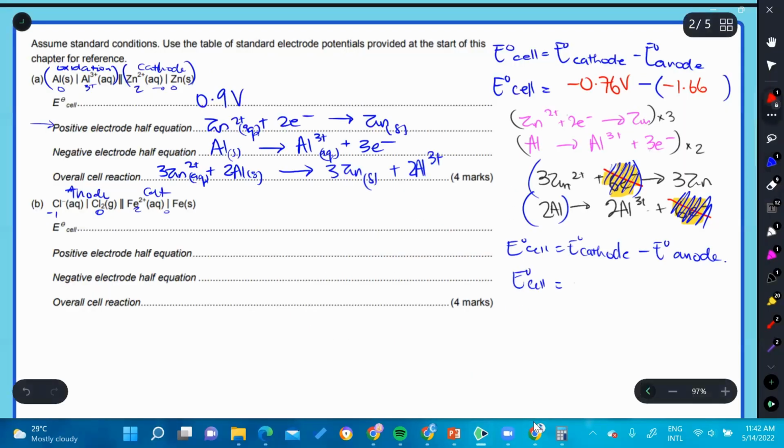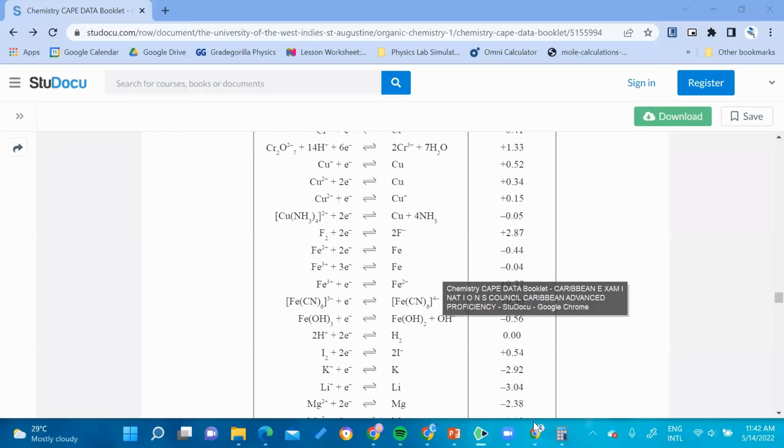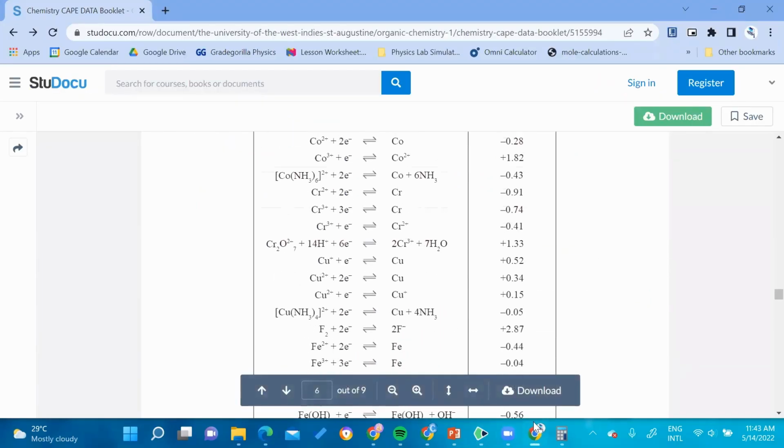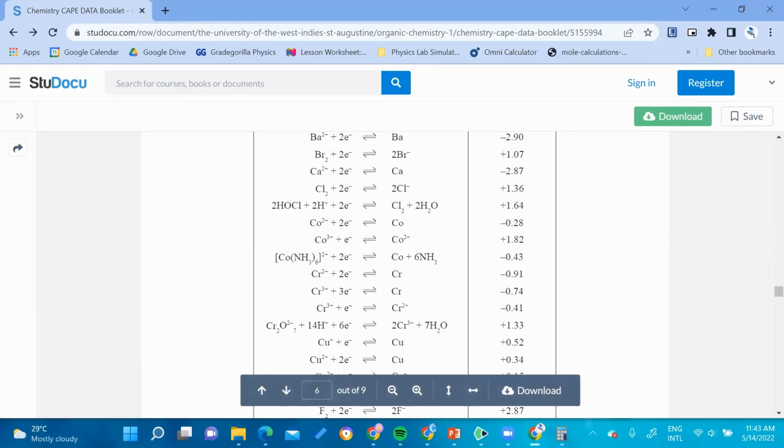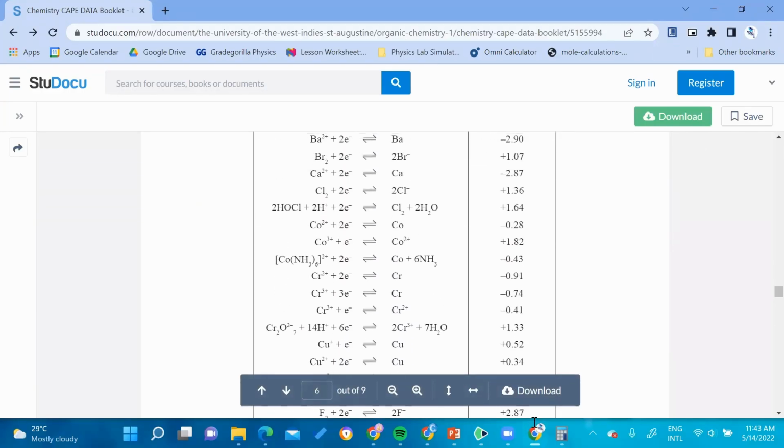So we have minus 0.44 volts minus the anode value. The anode is the chloride ion to Cl2, or a chlorine molecule. So we can look for that one as well. Here we go. That's positive 1.36.